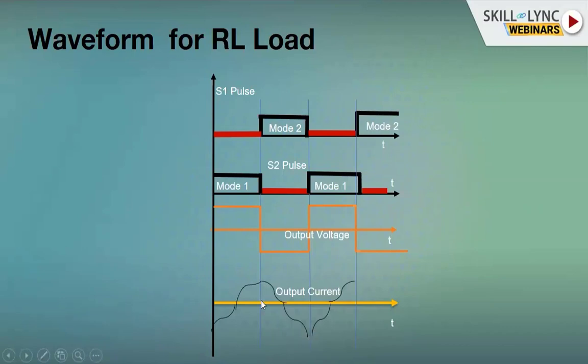An inductor should have a complete charge and discharge cycle for it to be stable. So the initial part in mode 1 it is charging, and the second part it is discharging. Moving on further, it is charging in the negative direction and discharging in the negative direction. So this is the full working of a half bridge inverter for RL load.